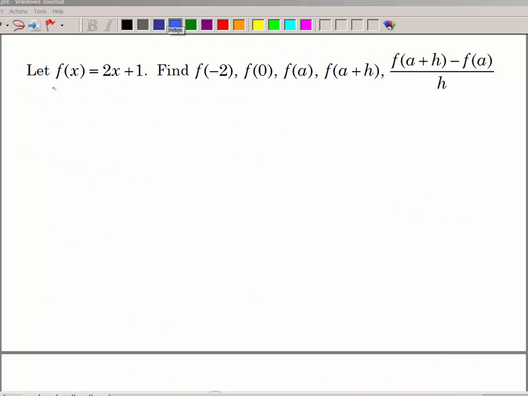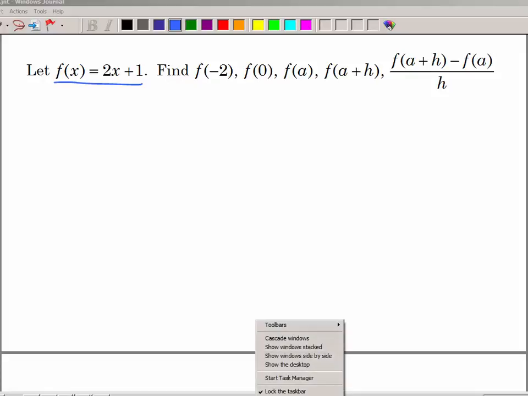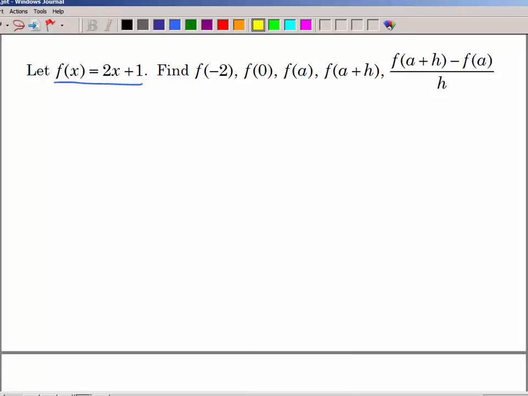So let's take this function. This is a function, or we would not be able to use function notation. And that function is f of x is equal to 2x plus 1. So again, wherever there's an x, those things are going to be the same. We're going to be asked to find f of negative 2.